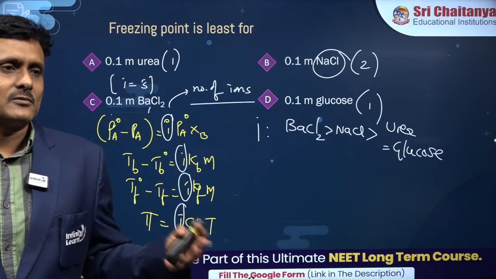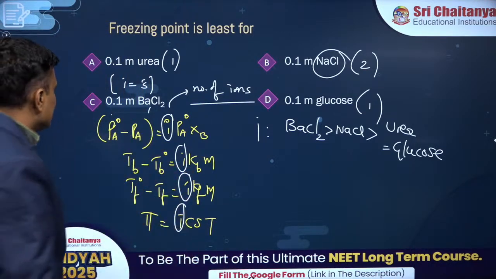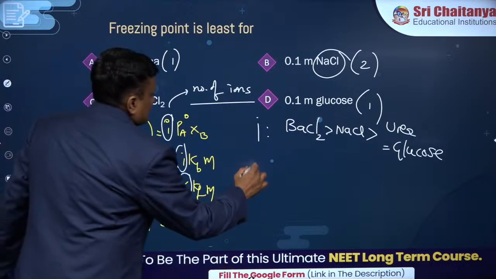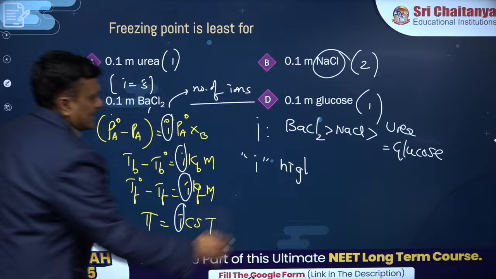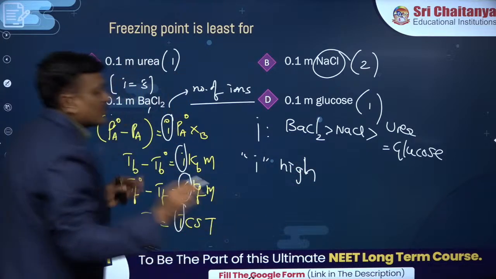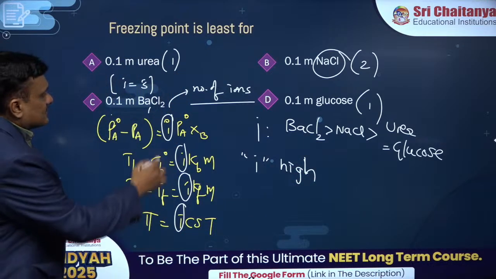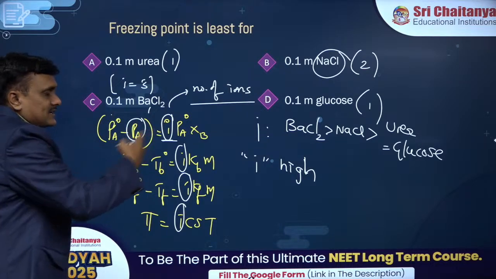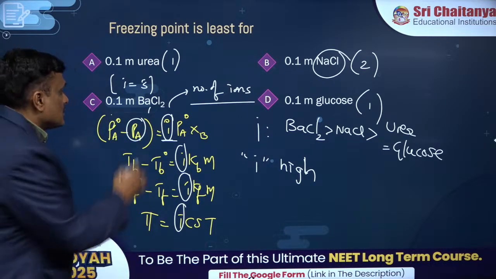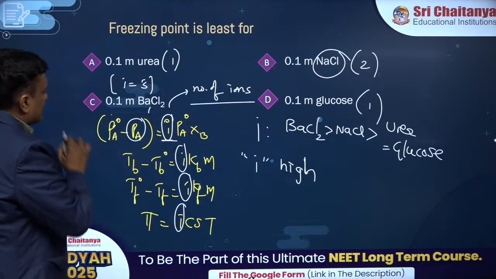Good answers, right? Brilliant. Let us check. Suppose the i value is high, you can see what all can be high. Listen now carefully. If i is high, what all values can be high? You can see if i is high, the vapor pressure difference is directly proportional to i, which means vapor pressure is low. Remember, vapor pressure is low.